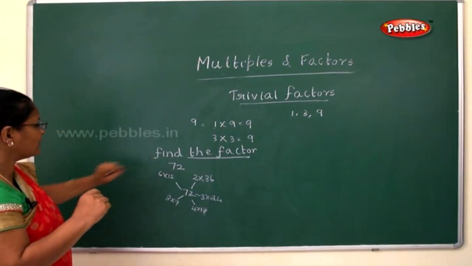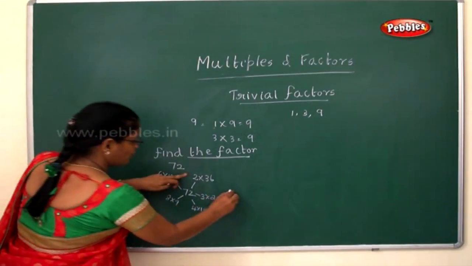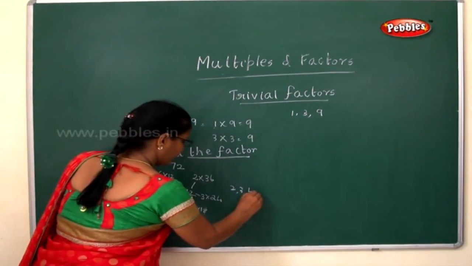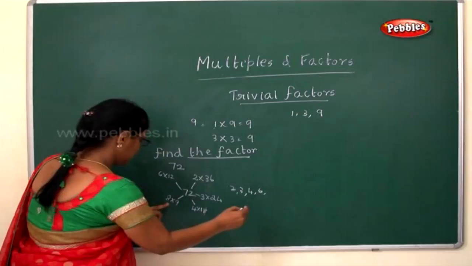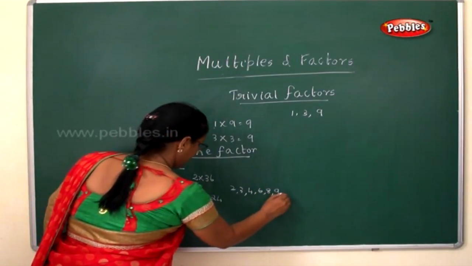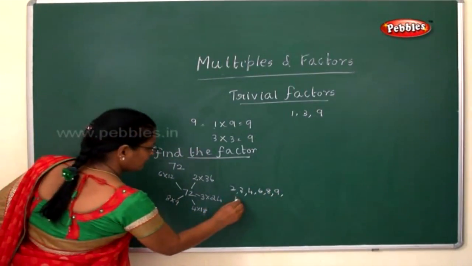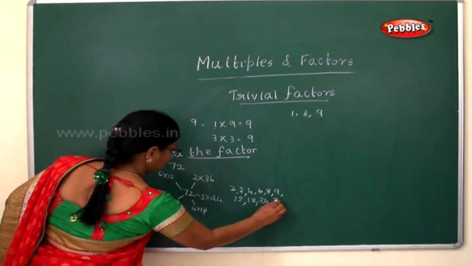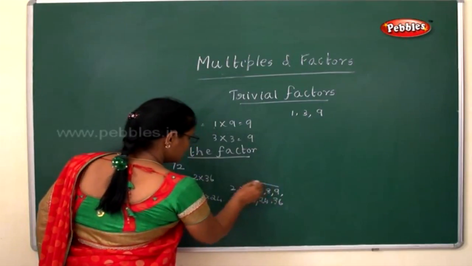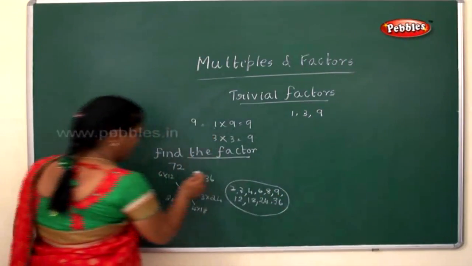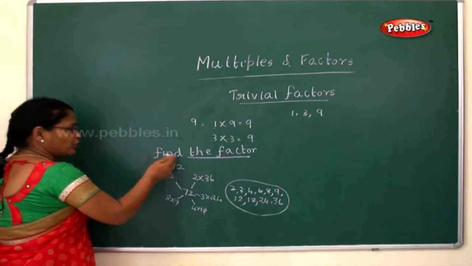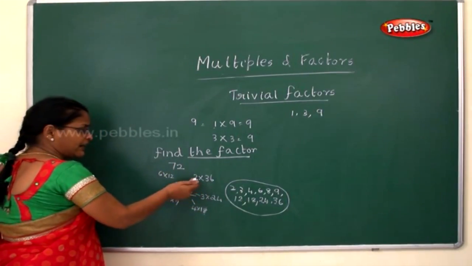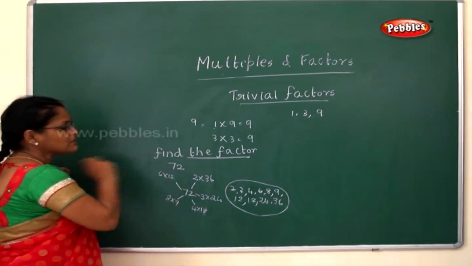Now how will you write the factors of number 72? 2, 3, 4, 6, 8, 9, then 12, then 18, then 24, then 36. So these are the factors of number 72. Start by writing the multiples and then write the numbers which are the factors of 72.